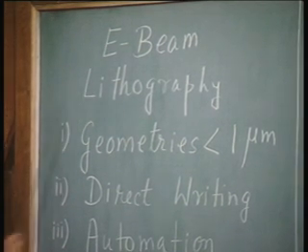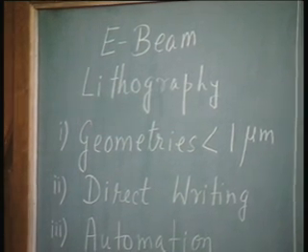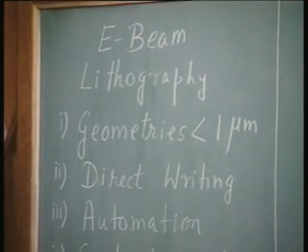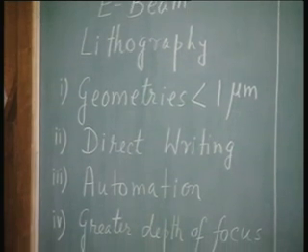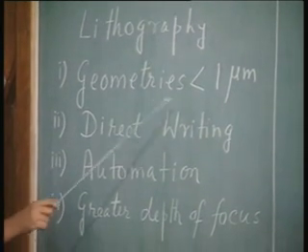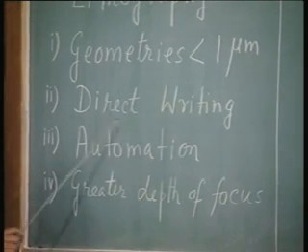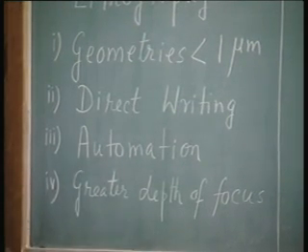E-beam lithography or electron beam lithography does offer various advantages. Some of them are listed here. For example, it is possible to realize geometries much less than 1 micrometer. Direct writing is also possible with electron beam lithography.